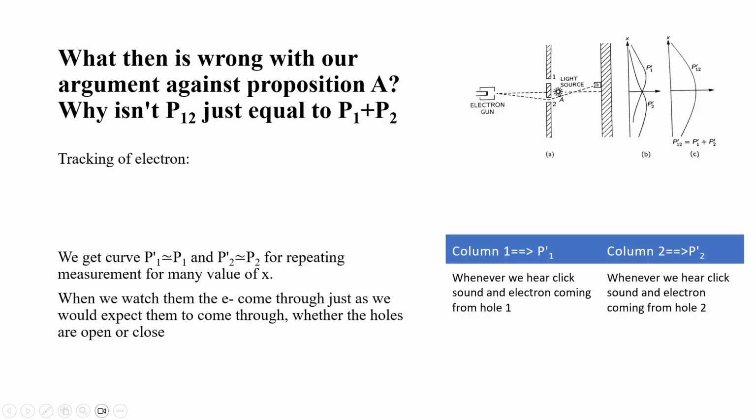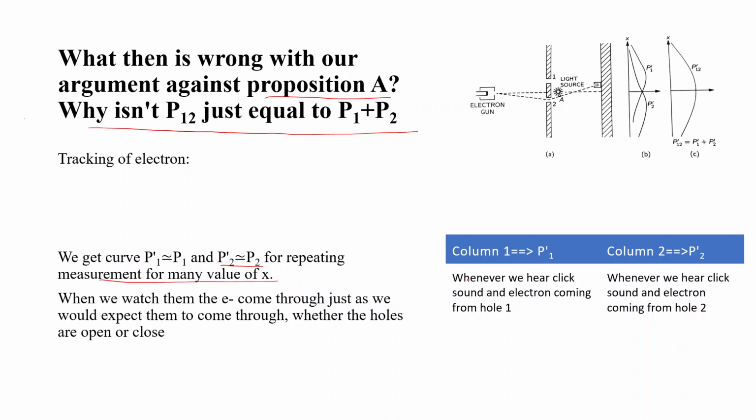Now, what then is wrong with our argument against proposition A? Why isn't P12 just equal to P1 plus P2? That is our experiment when we don't try to watch the electron. So by tracking the electron, we get a curve P dash 1 which is approximately equal to P1, and P dash 2 which is approximately equal to P2, for repeated measurements for many values of x.